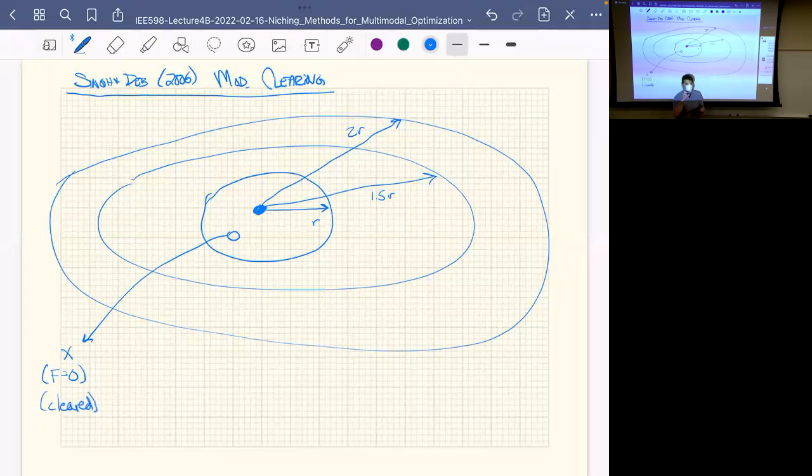But in order to enhance diversity, they say if anybody falls in this middle area, then we draw random perturbations to their position to move them into this outer circle, which I'll draw as a little diamond here.